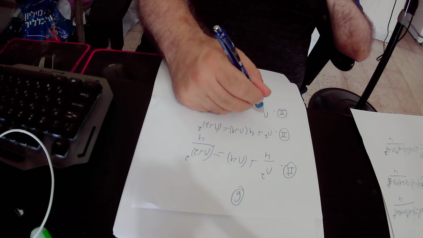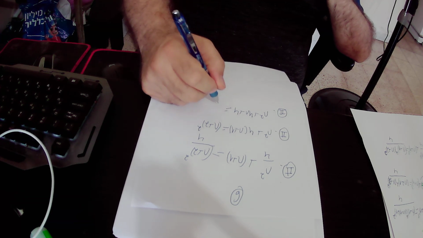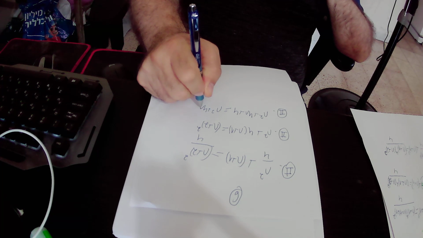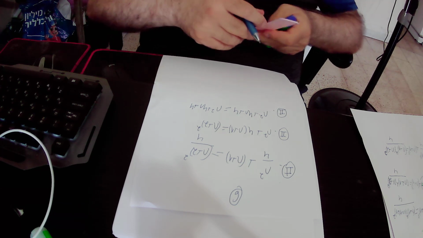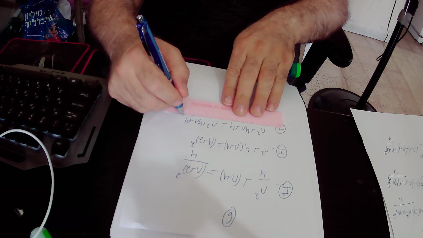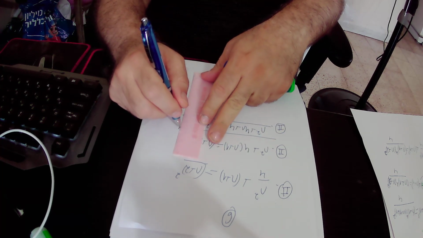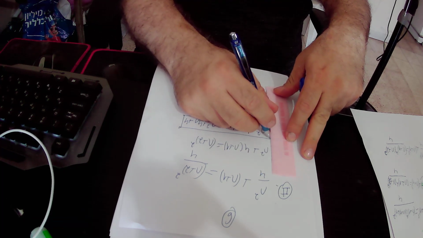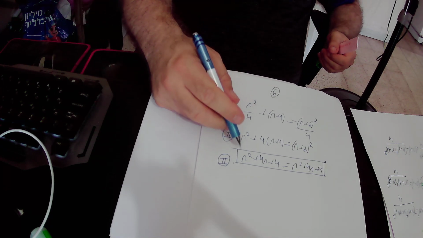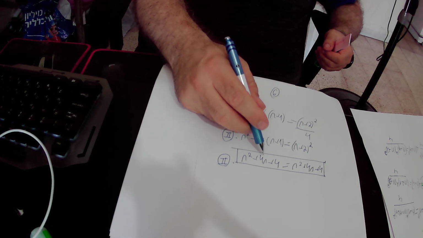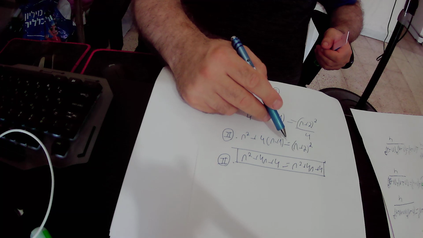We will get that n squared plus 4n plus 4 equals n squared plus 4n plus 4. So we got an identity, because here it is n squared, and 4 times n is 4n, 4 times 1 is 4, equals (n plus 2) squared.